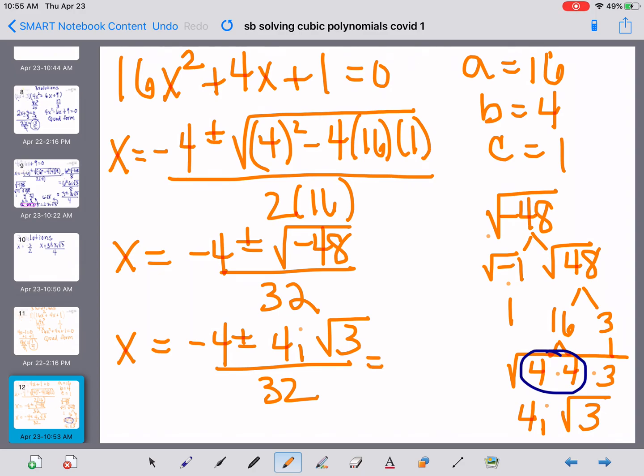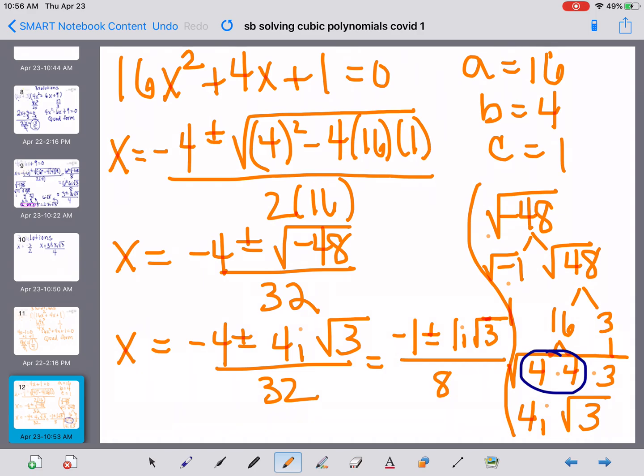So this is the same thing as negative 4 divided by 4 is negative 1. 4i divided by 4 is 1i. And no, you don't have to write the 1 there, but I'm going to. And then it's square root of 3. And then 32 divided by 4 is 8. So it's not written very well, but I'll try to fix it up a little bit. Negative 1 plus or minus 1i square root of 3 over 8.